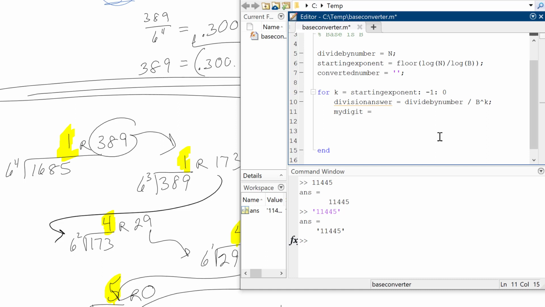And I understand that there are functions that do this. That's not the point. The point of learning computer science and math isn't to say, hey, check it out, these functions already exist. The point is to say, hey, how do I write these functions on my own? Maybe one day I can come up with a really clever way to do it. Okay, but the digit that I'm going to care about is going to be the floor of the division answer, right? So it'll be like the 1.